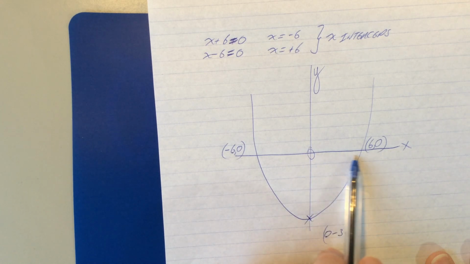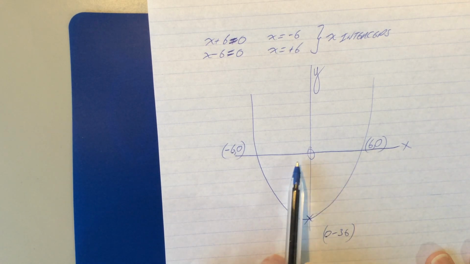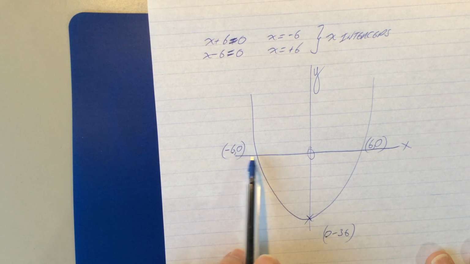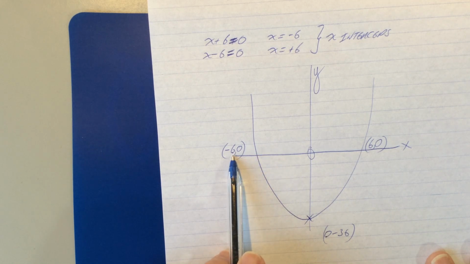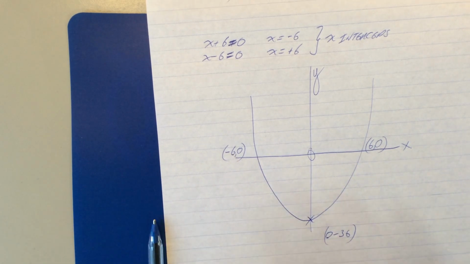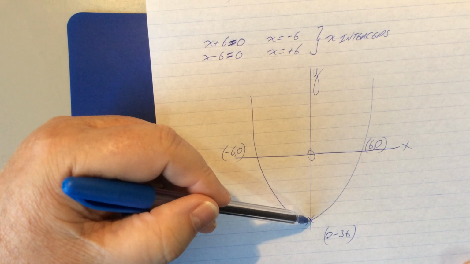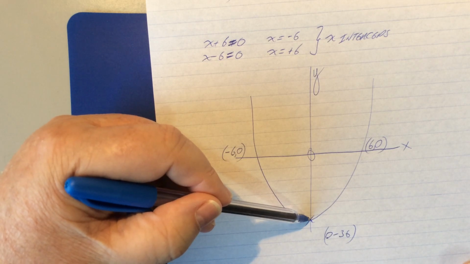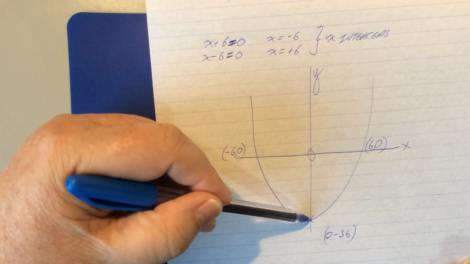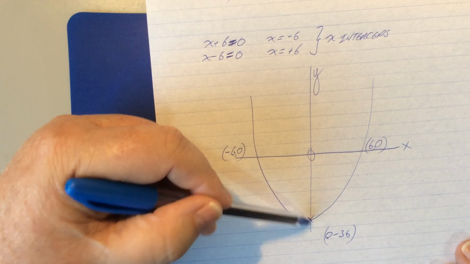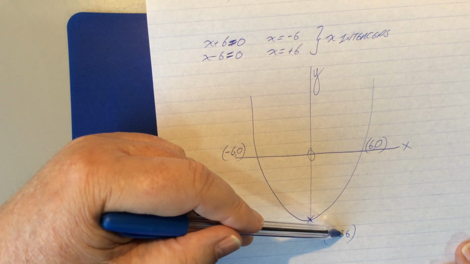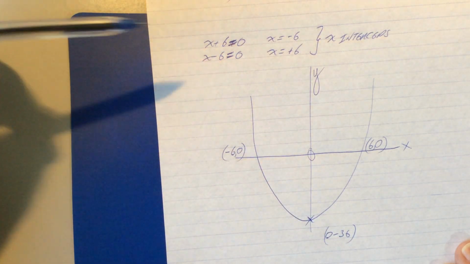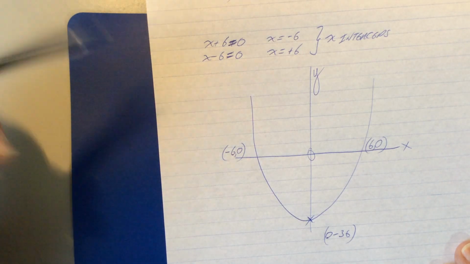So this is 6 from 0 and this is 6 from 0, but in a negative direction. So this thing is symmetrical about the y-axis, and the minimum point is also the turning point, and it is 0, negative 36, which we got from our original equation.